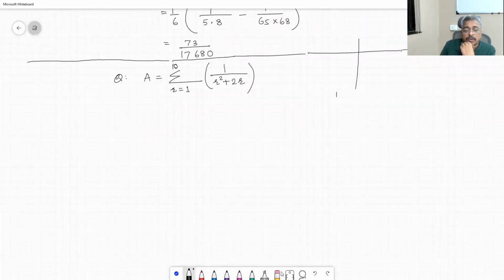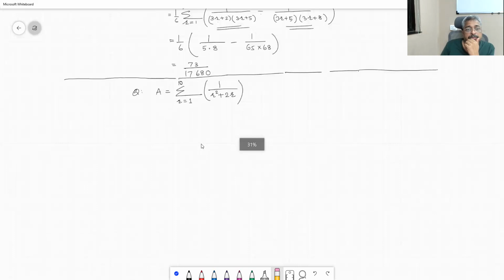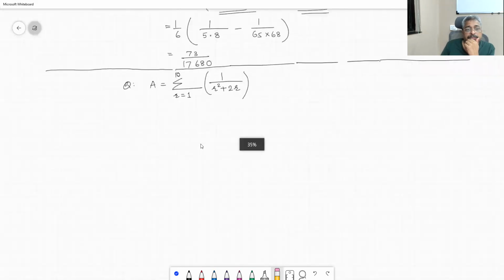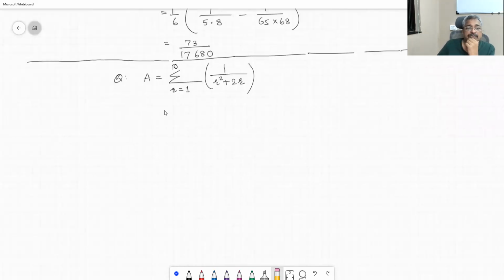Now, one important thing that I want to show you here is that it gets factorized. Sigma r goes from 1 to 10, 1 upon r into r plus 2.